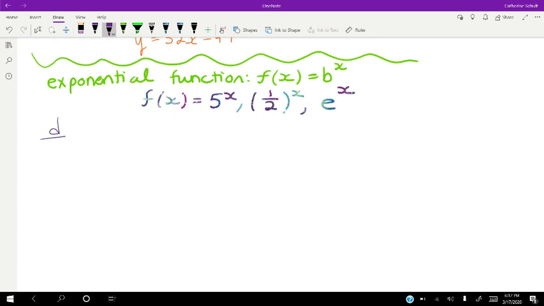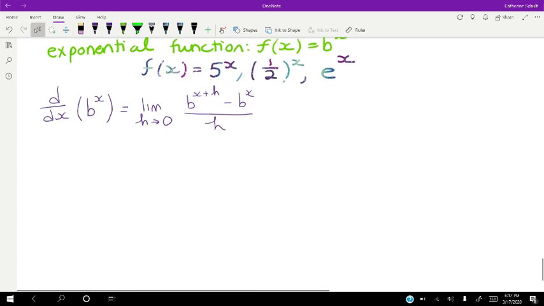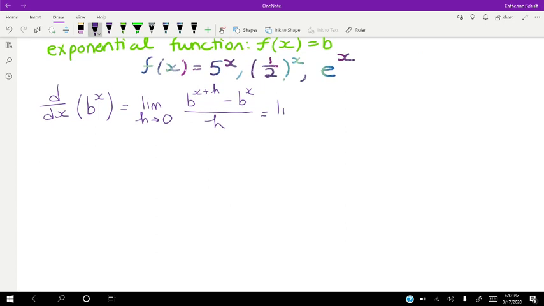So just to do a little exploring, if we wanted to find the derivative, we don't know how to do it, but we could definitely use our limit laws. We can go back to chapter 2, and we'd be looking at b to the x plus h minus b to the x, divided by h. Now look at the x plus h. With our exponent rules, if we add up the exponents, that's like multiplying the same base.